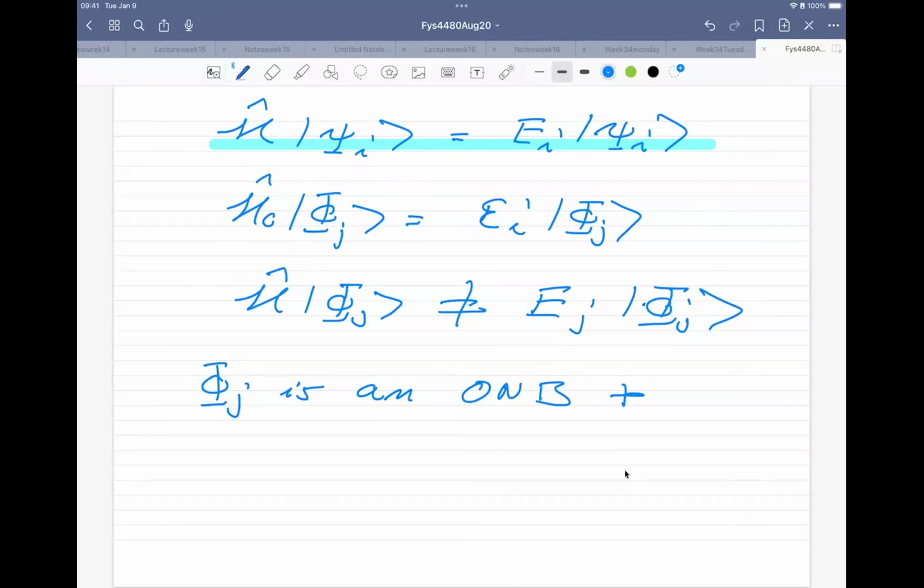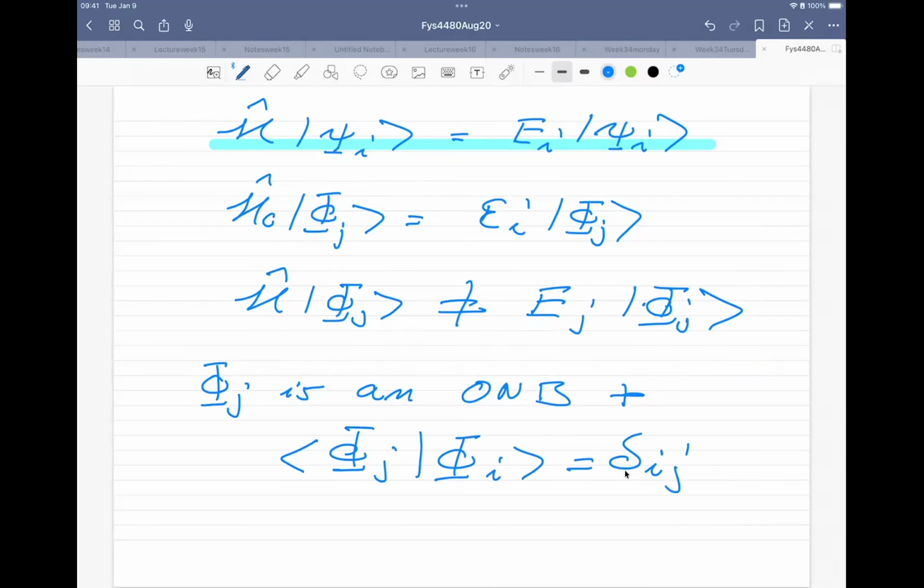So this phi j is an orthogonal and normalized basis. That's a typical assumption which we make of it, and it's normally composed of an infinite set of solutions. So what this means is that when I take the overlap between these two vectors, this just gives a Kronecker delta ij. So that's a basic assumption which we make.